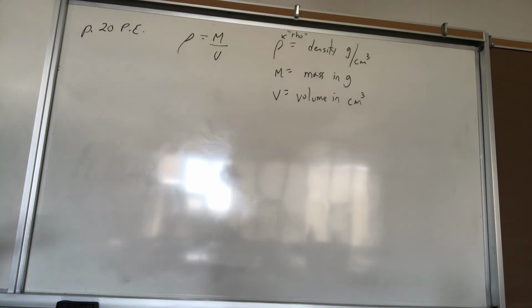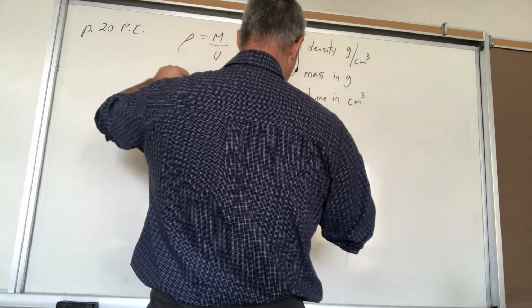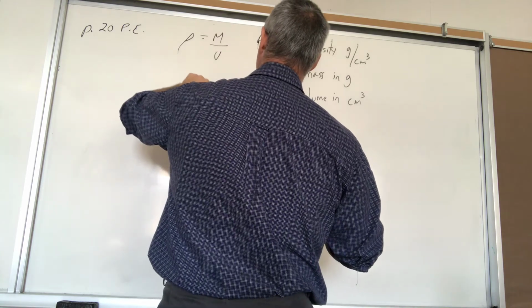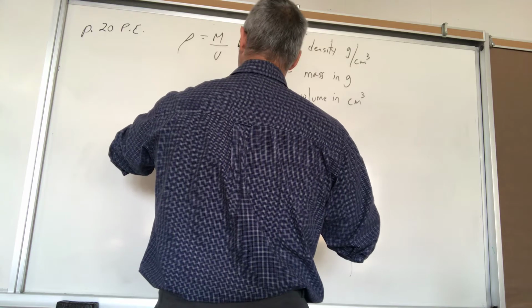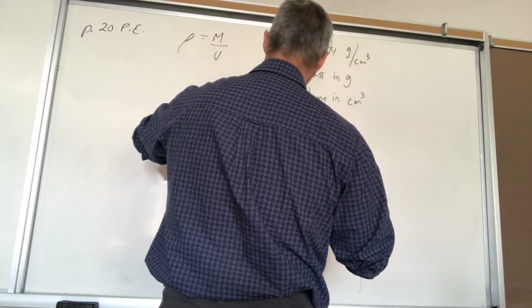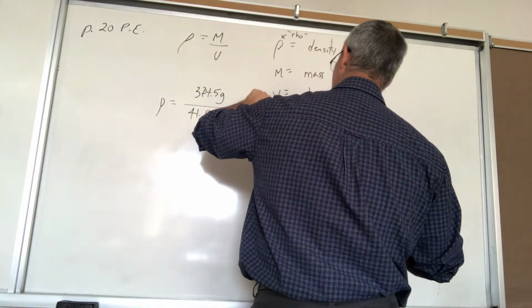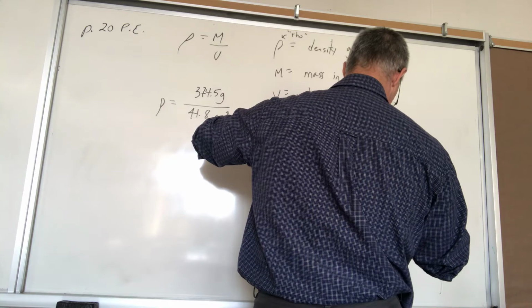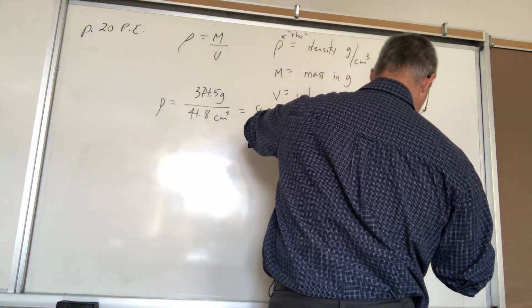Let's do the numbers on this. Density equals mass over volume. We're told that the thing weighs 374.5 grams, and its volume is 41.8 centimeters cubed. So the density turns out to be 8.959330 grams per centimeter cubed.